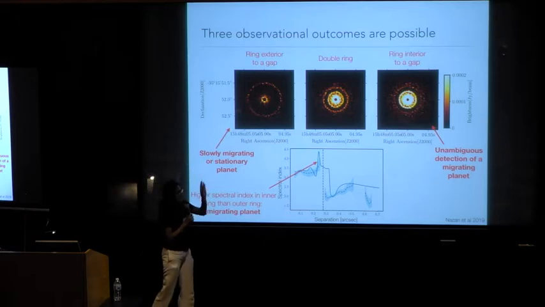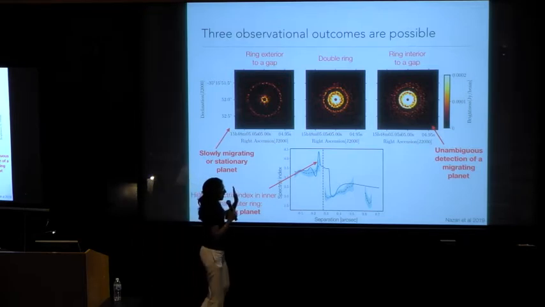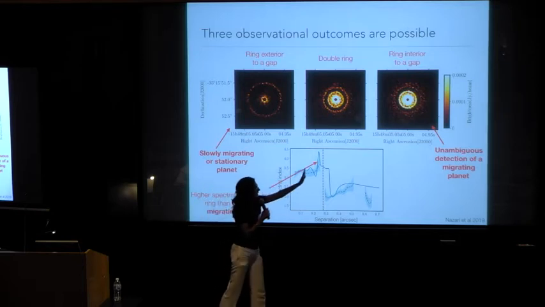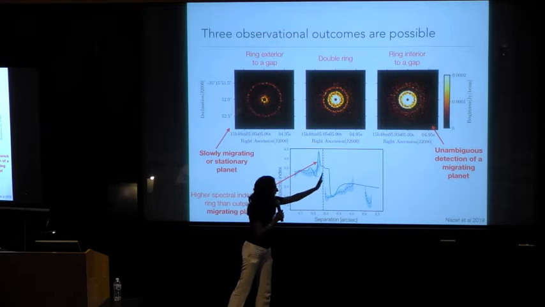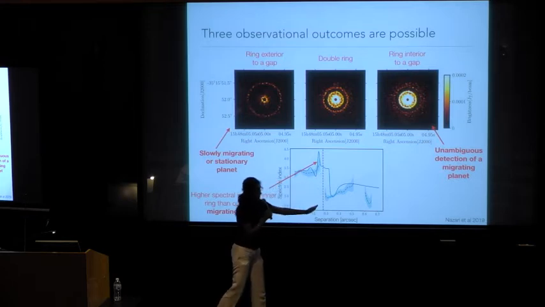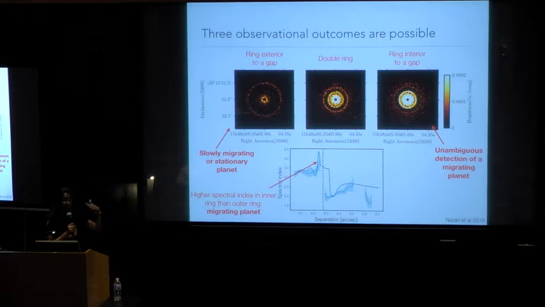In this particular case, you end up with the smaller grains in the inner part of the disk and the larger grains in the outer part of the disk. And if you look at the spectral index, you would end up with a higher spectral index in the inner ring compared to the outer part. The dotted line is again where the planet is. But for the other two scenarios that people have presented for multiple gaps and rings, you would in fact have the opposite, because you would expect large grains in the inner part and smaller grains in the outer part.